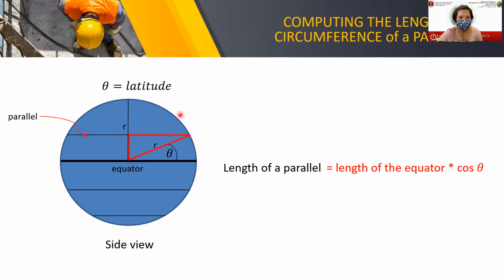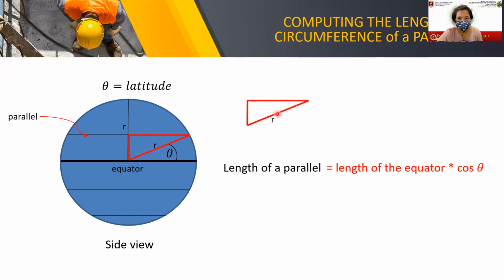So by the distance formula, we can compute this R, and we can compute also the length of this line and the length of this line here. Lagay natin siya dito.